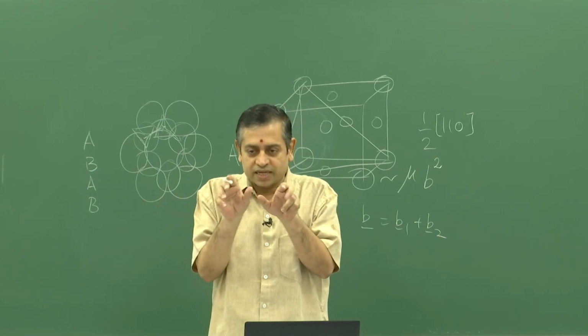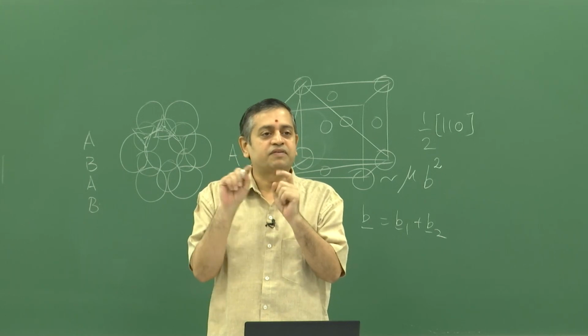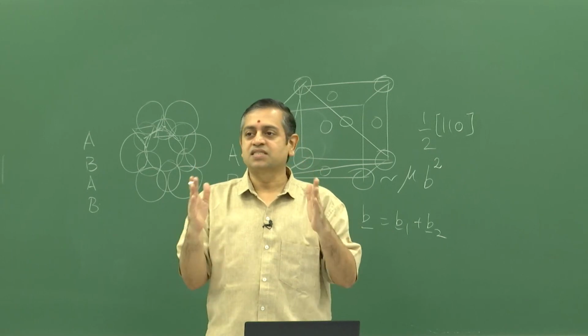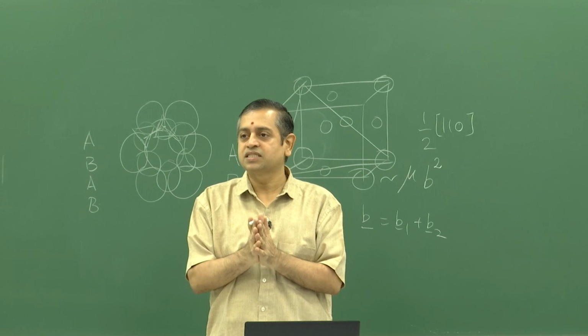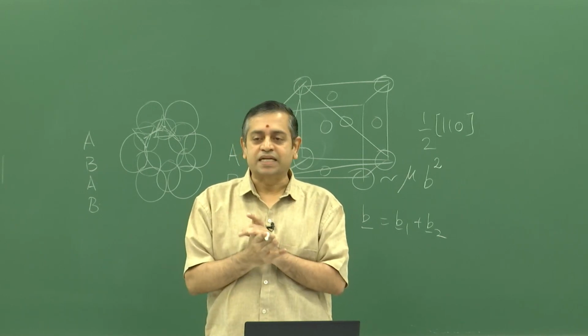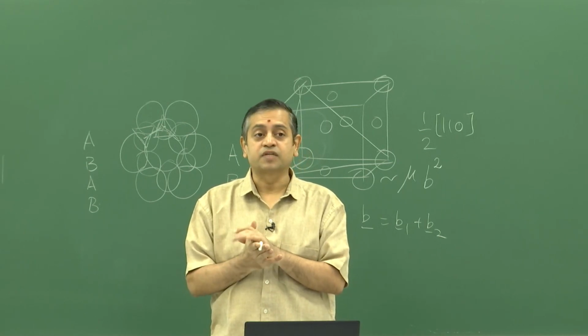You go look at the stacking fault, the partials and how far apart they are, in between there is a stacking fault, then you do a force balance. This is the force that is acting, pulling these two dislocations apart, this is the stacking fault region. So, this must be the energy, that is how we evaluate. It is a bit tricky, I will show you some experimental data which can be conflicting.